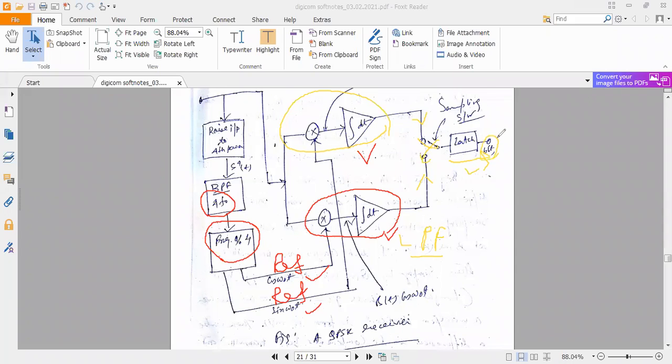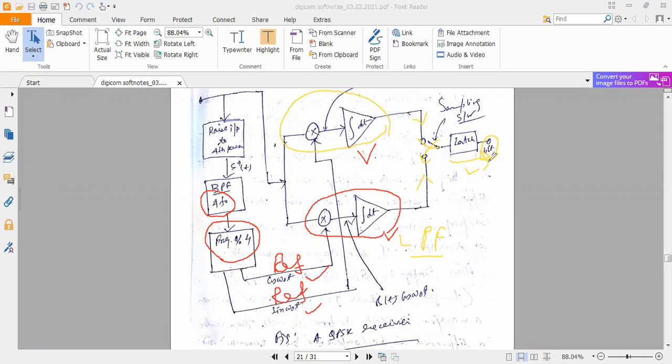That means at the output side there should be a comparator circuit with some threshold. You are comparing this voltage level with the threshold level. If this voltage is higher than the threshold, we will consider one as detected, and if it is lower than the threshold, we will consider zero as detected.